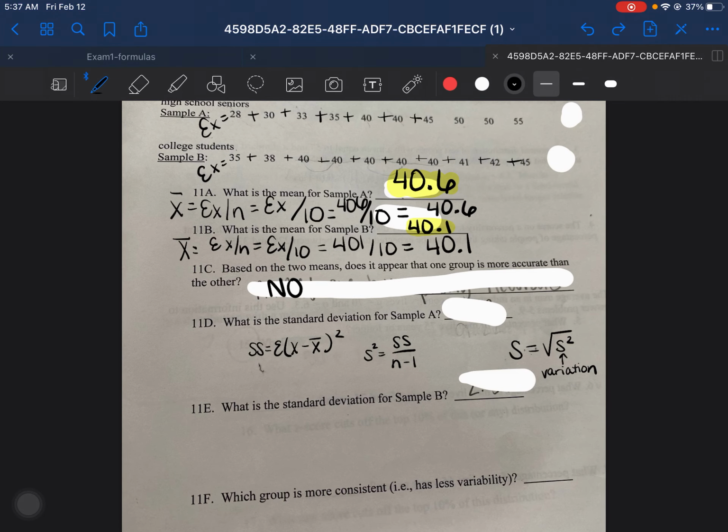So we will be using 40.6 as the mean there.